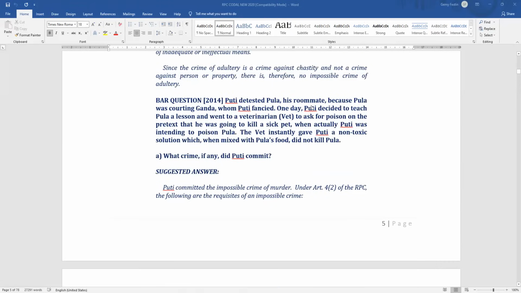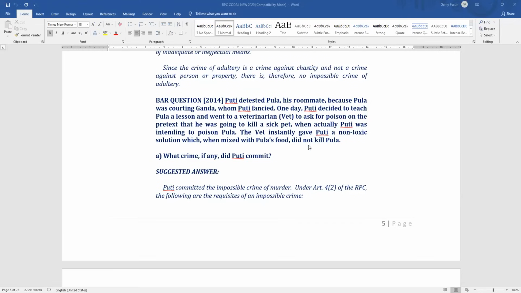Puti detested Pula, his roommate, because Pula was courting Ganda, whom Puti fancied. 2014 bar. One day, Puti decided to teach Pula a lesson and went to a veterinarian to ask for a poison on the pretext that he was going to kill a pet. Actually, unknown to the vet, Puti was intending to poison Pula.